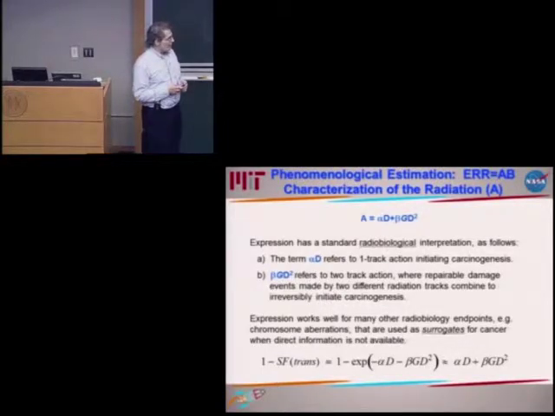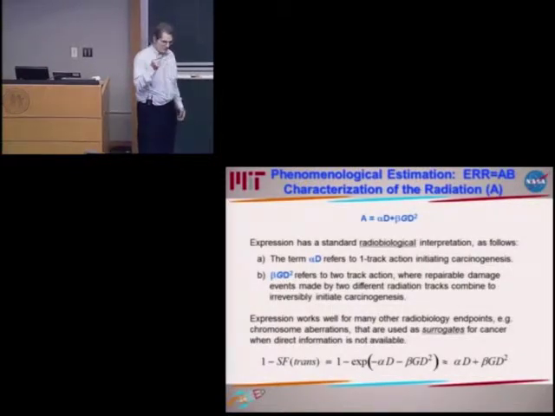And remembering that now the alpha D plus beta G D squared is a small number, because per unit of radiation, the incidence of induction of carcinogenesis is very small, we're talking 10 to the minus 12th or 11th, really small. So obviously we can make the approximation that the rate of generation of these aberrations equates to the risk. 1 minus exponential of that small number is just alpha D plus beta G D squared. Hence, that's in brief how the relationship for A came about.